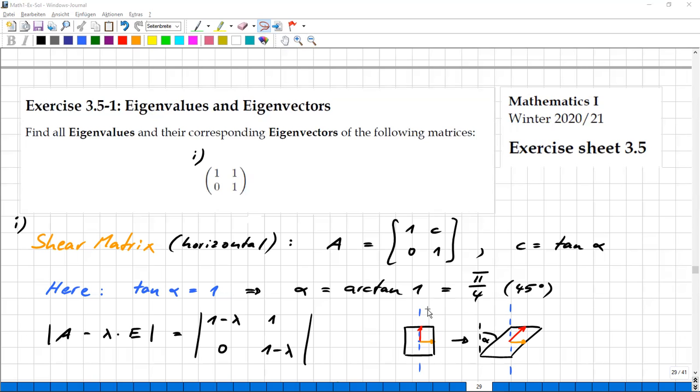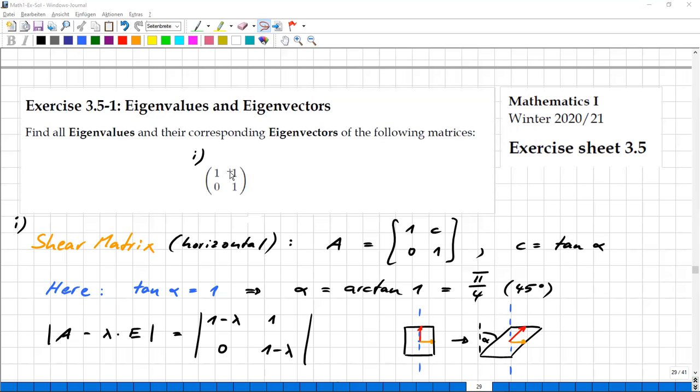And so in the end, it always looks like this. It's a unity matrix, 1, 0, 0, 1, modified in a way that this element is replaced. So this would originally be a 0 for the identity map, and this is replaced by a constant. In this case, it's a positive constant.